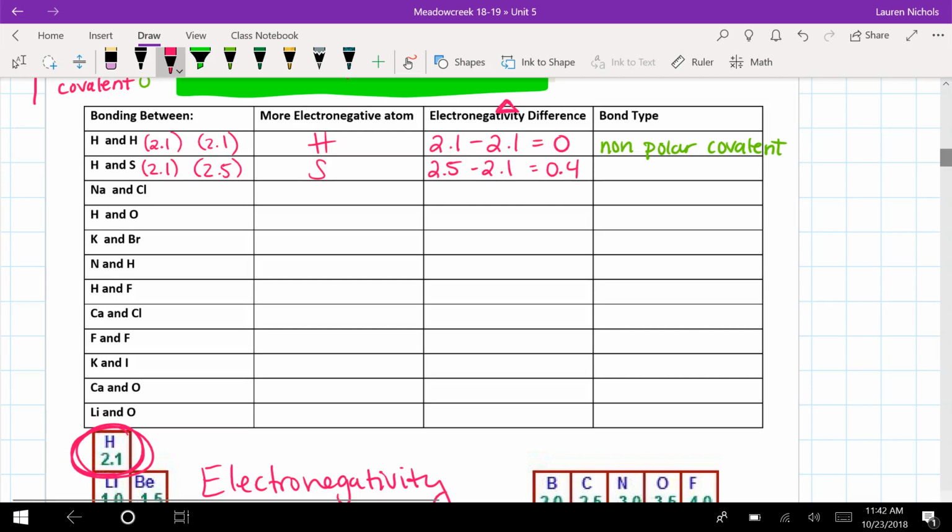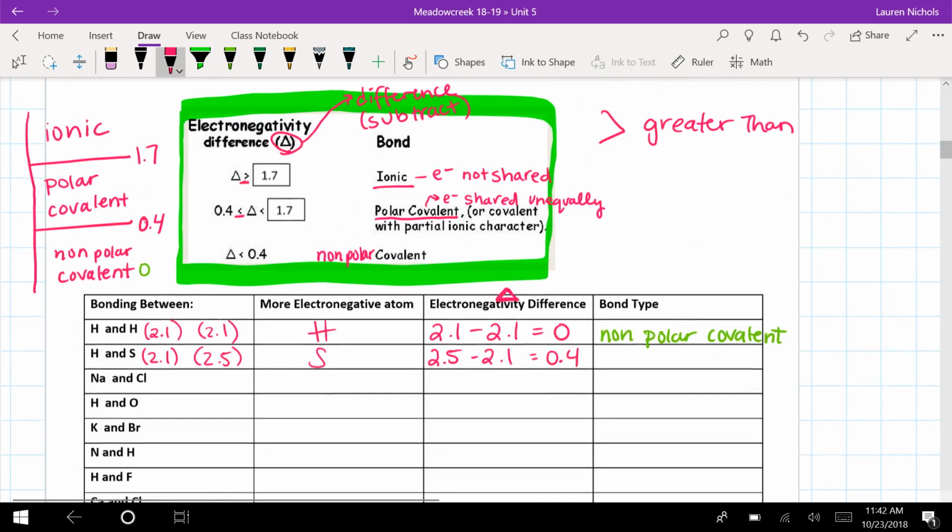And because it is equal to 0.4, when we check our chart, it's going to be polar covalent. Just as if our answer was 1.7, that would be ionic. If it's equal to it, it always goes to the one above.